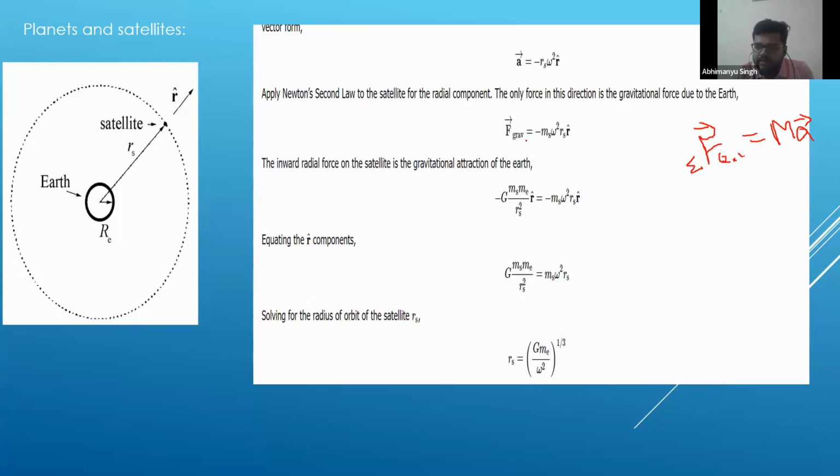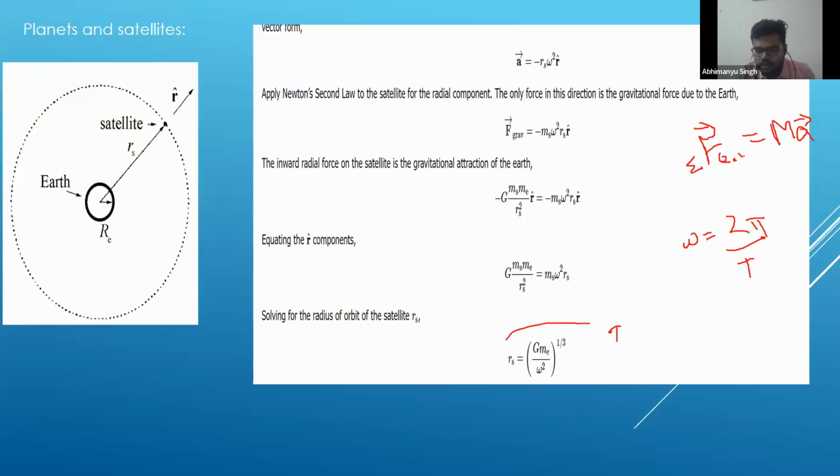So when we equate the components, we find r to be this, and then we move further, and when we put omega is equal to 2 pi by T, we get T square.